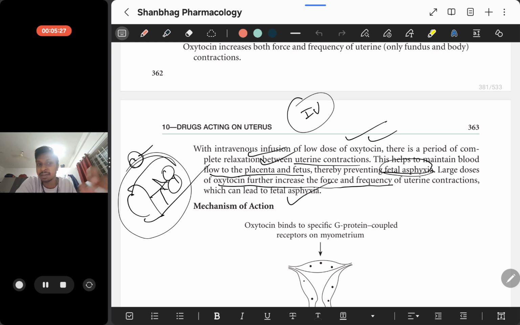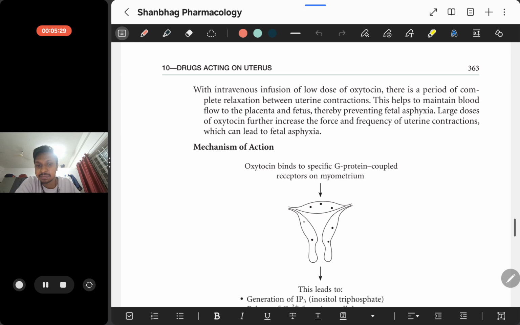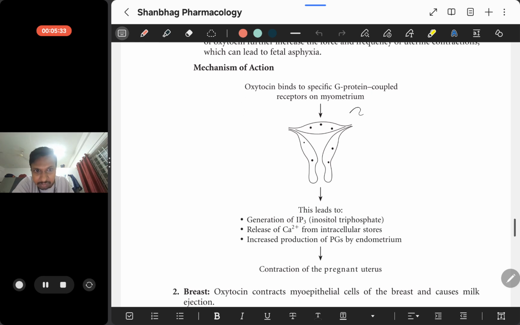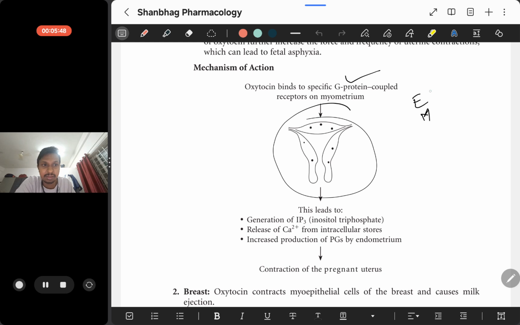Okay, let's see the mechanism of action, how it works. See, this is the uterus. Oxytocin binds to specific G protein coupled receptors on the myometrium. The uterus has different layers, basically the endometrium and the myometrium.